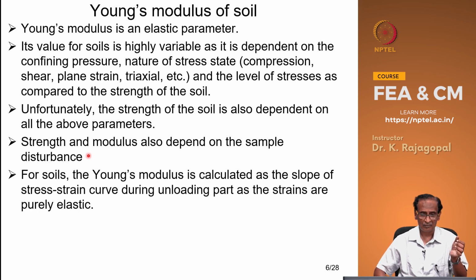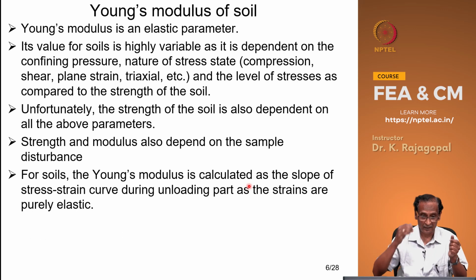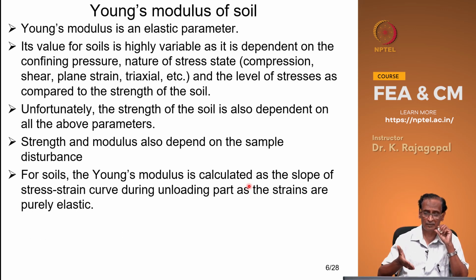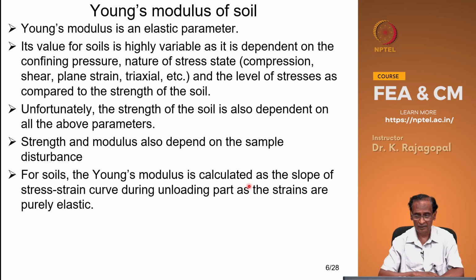And in general, the Young's modulus is calculated as the slope of the stress strain curve during the unloading part, because the unloading part is truly elastic compared to the loading part. The loading part might produce both elastic strains and plastic strains.